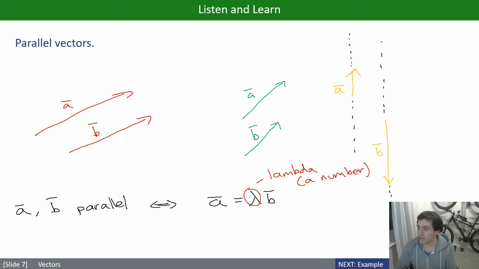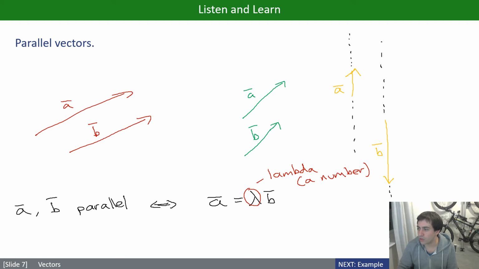And all that's saying effectively is that A and B are the same direction but different lengths. And of course lambda could be positive or it could be negative, which is why when you have two vectors parallel, it doesn't matter if they point the same way or complete opposite direction, but anything other than those two possibilities, and then they're not parallel. So that's how you write it mathematically.